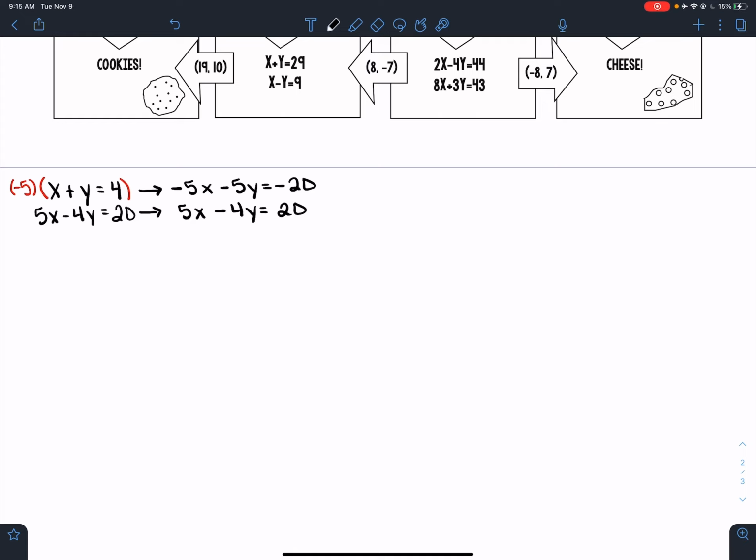Okay. Now we came to eliminate the x's, so let's go ahead and do that because we do have a -5x and a +5x. So we've got -9y equals 0. Divide both sides by -9. And we get y equals 0.